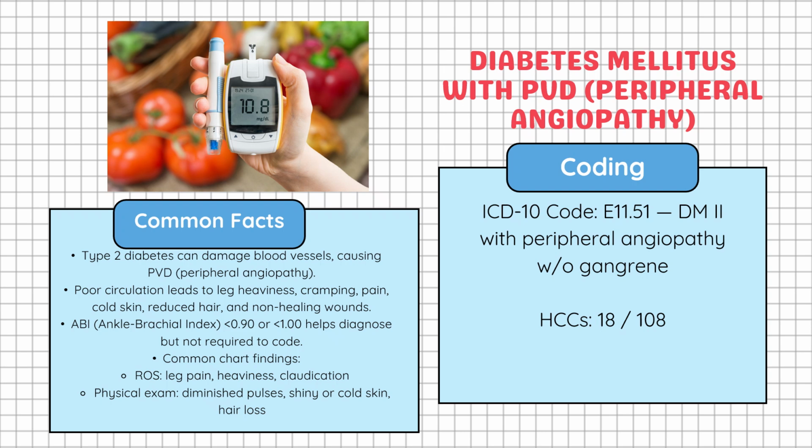The ABI is what is used to diagnose the patients. It's not required to code, but when you are recommending diabetes with PVD or you suggest a provider to work that patient up for it because they have risk factors, you're going to check the ROS, see if the patient has leg pain, heaviness in the legs, any claudication, any diminished pulses, cold skin, hair loss, or is the skin shiny?